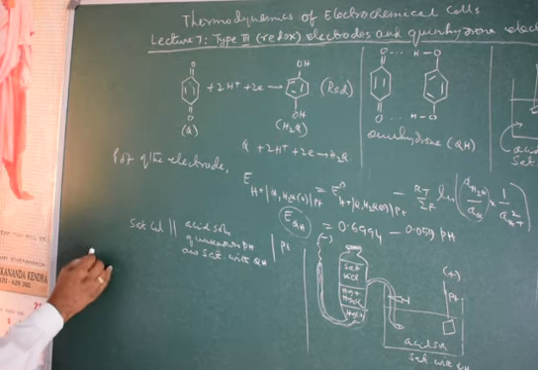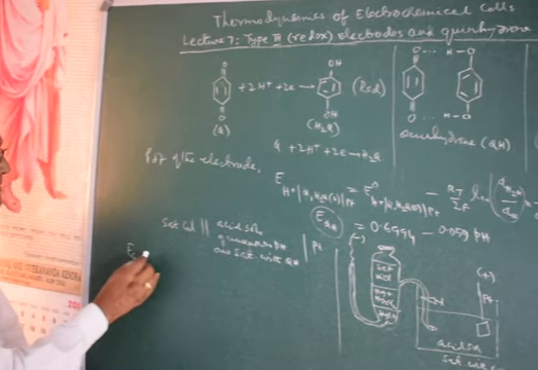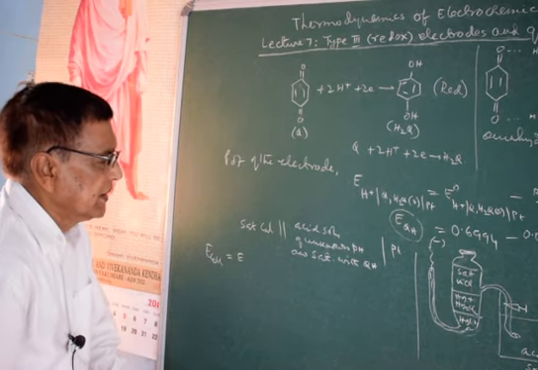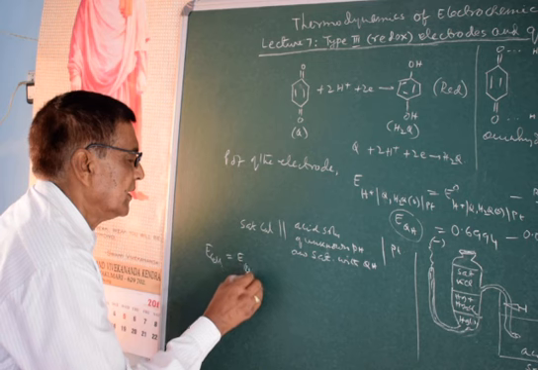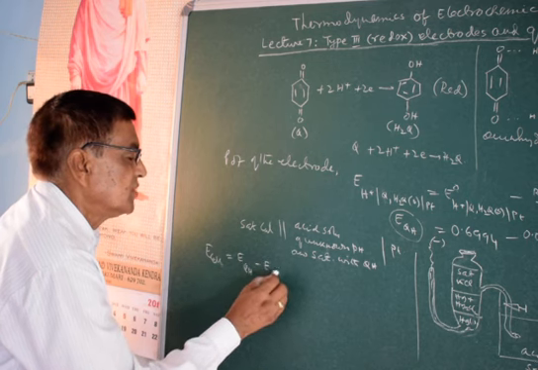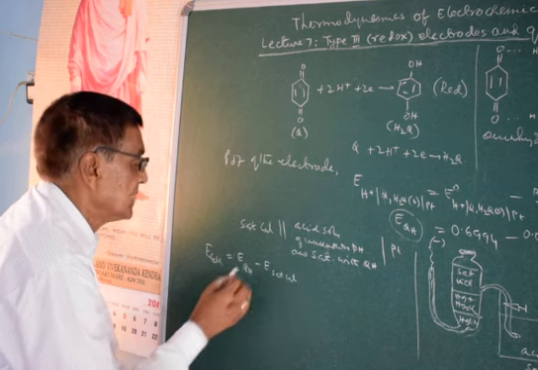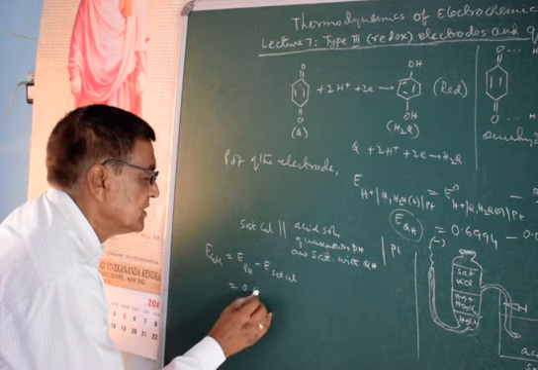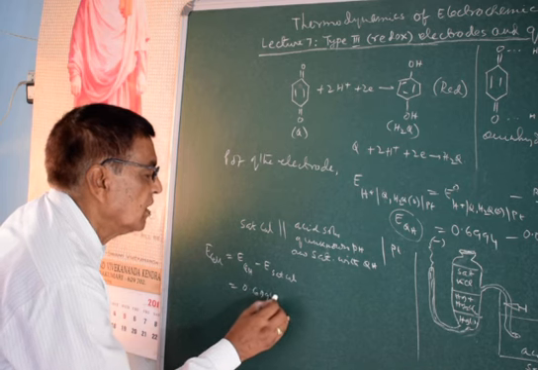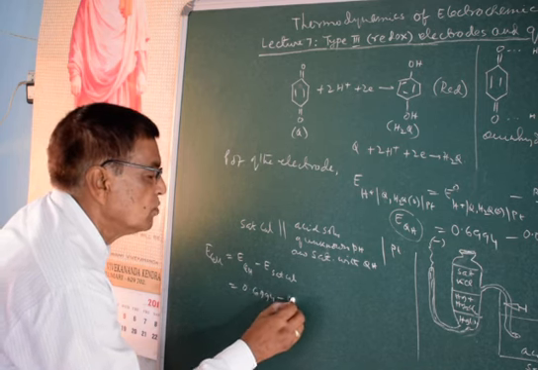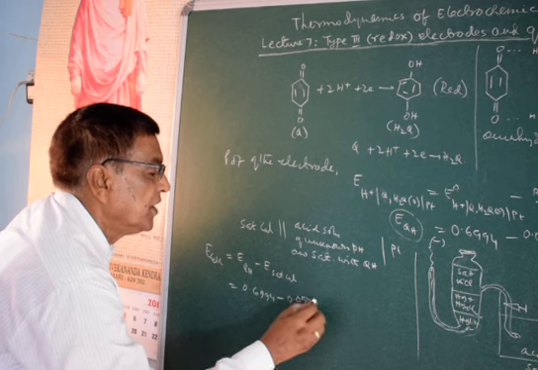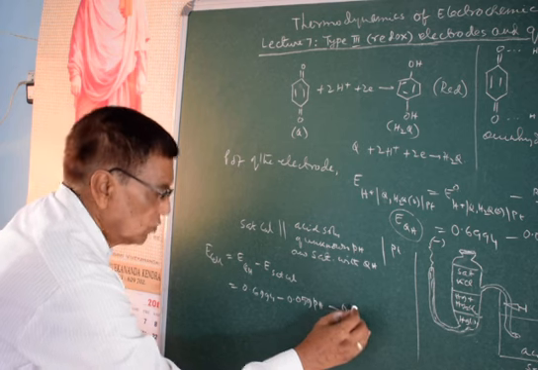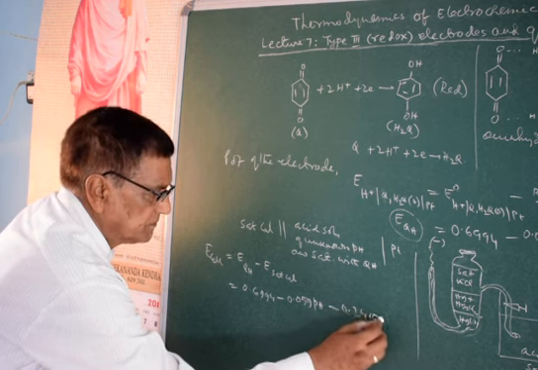The cell potential will be equal to E of right hand side electrode minus E of the saturated calomel. And instead of this one, we can write here 0.6994 minus 0.059 pH, and this value is the standard value, 0.2415.